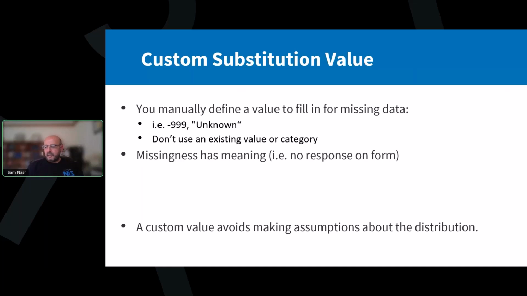That's where the missingness, if you will, has an actual meaning. For example, if I give you a survey form, which I always do at the end of every presentation, and there's a question you choose not to answer, no response is a response. So I shouldn't force fit a value into that, but rather accept that no response has meaning.